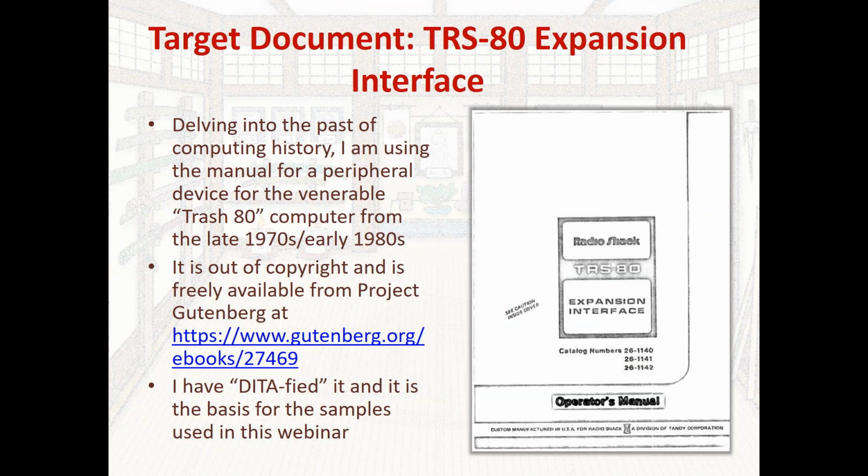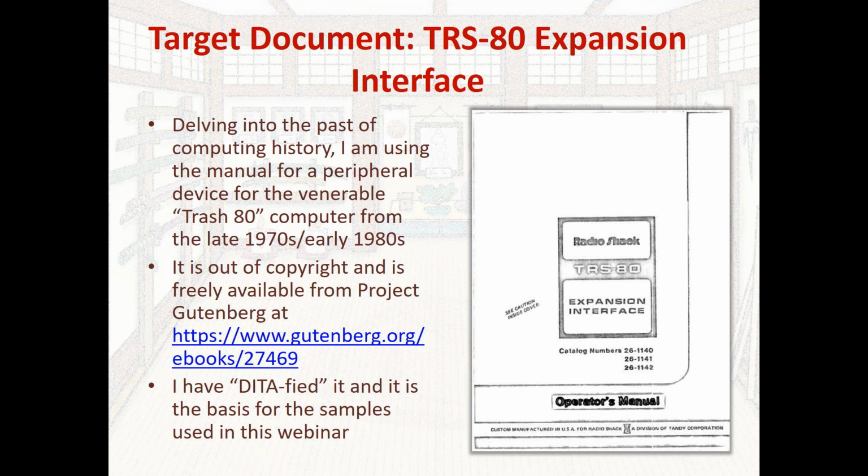So my target document, because I needed something real to work with in coming up with the code examples, going back into the really early days of computing, I ran across this document for the TRS-80, better known as the Trash-80, expansion interface.